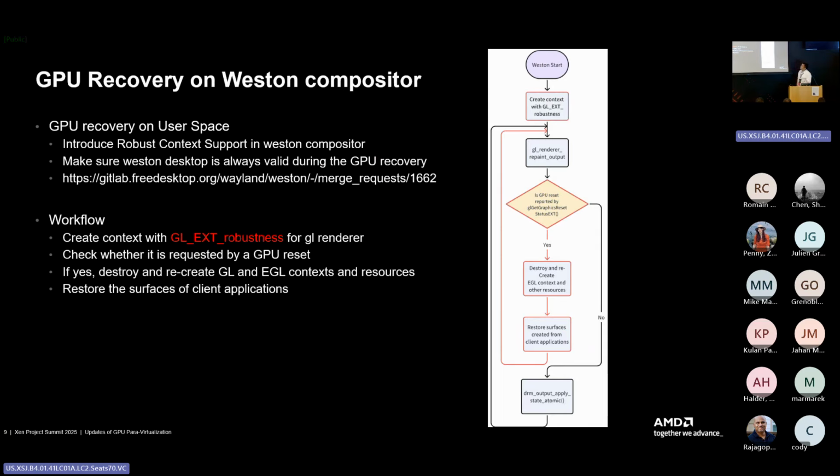If we work on graphics, you will see the compositor is very important to manage the graphics desktop. And we will introduce the robust context support in the Weston compositor to make sure the Weston desktop is always valid, even if they are in the same queue. If the Weston context is robust, it won't be killed in the protocol.